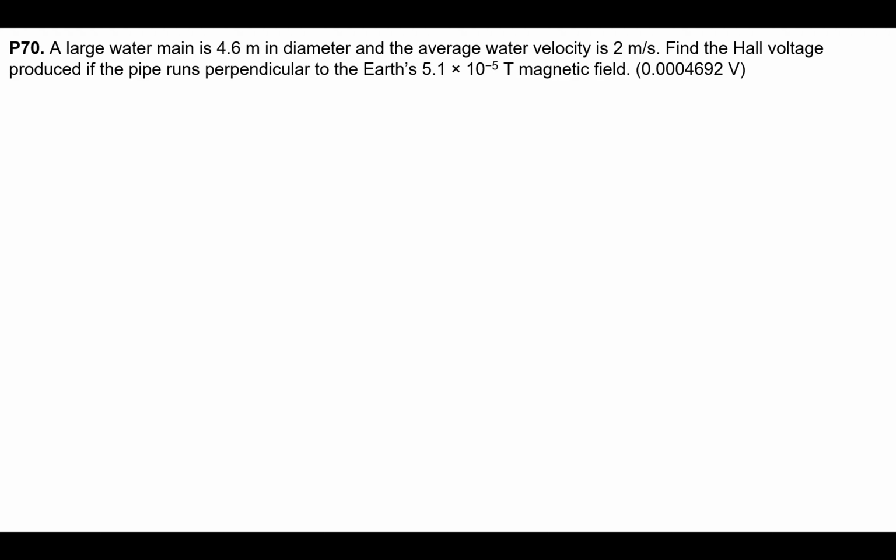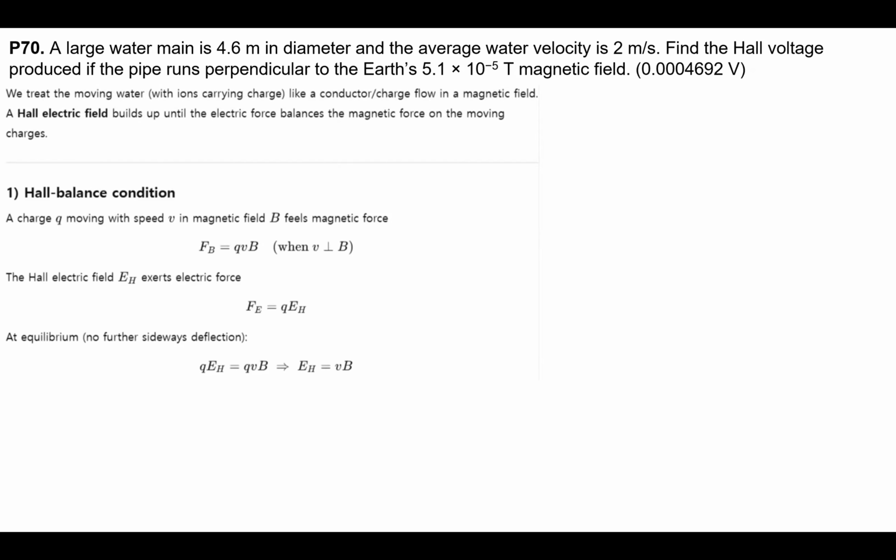Once again, we need to figure out the Hall voltage. The Hall effect is where the charged particles are under the influence of both the magnetic field and the electric field. Hall balance is matched by the magnetic field and electric field forces.